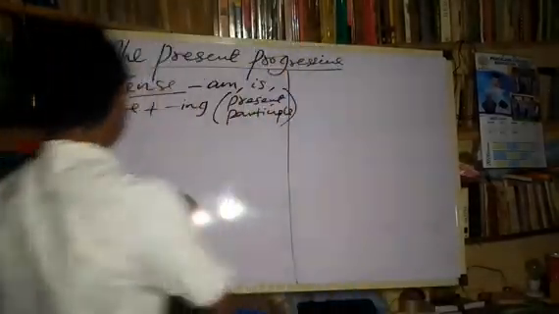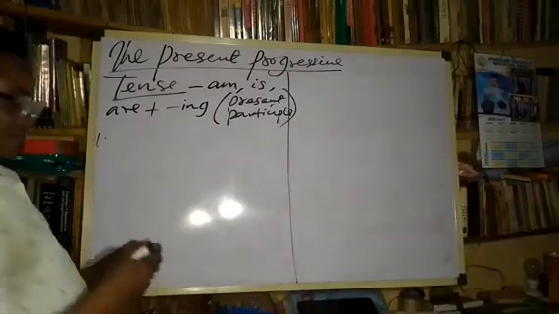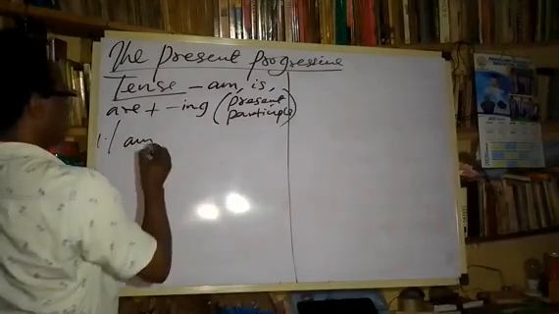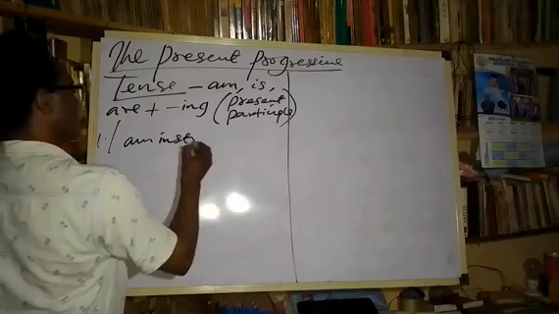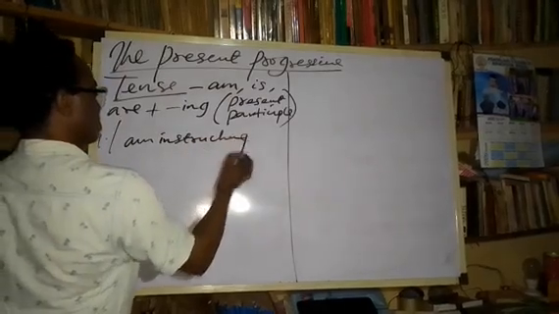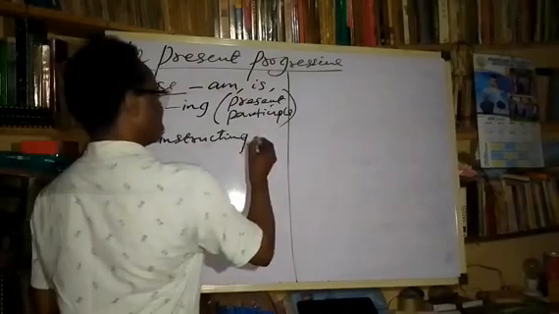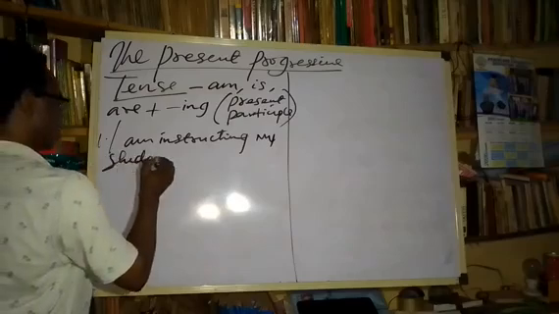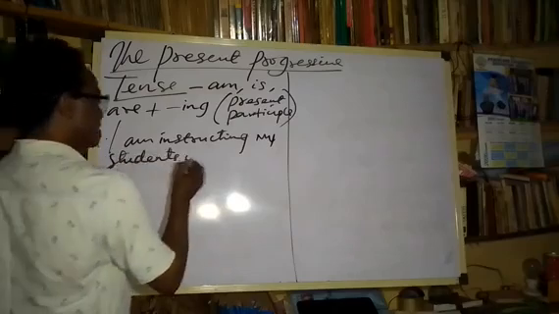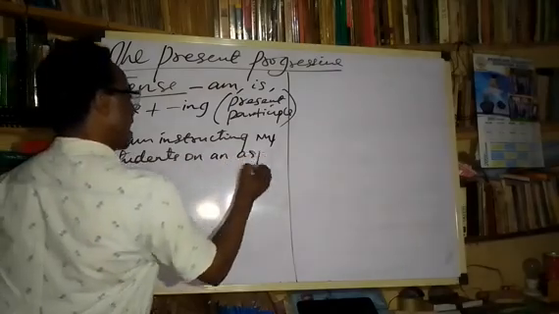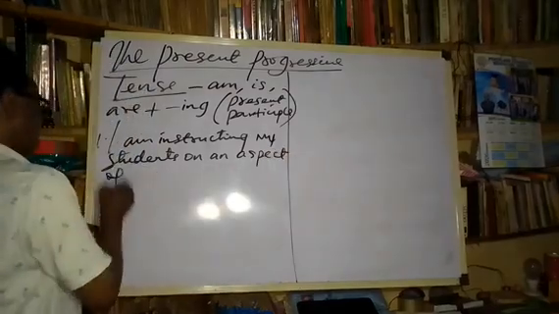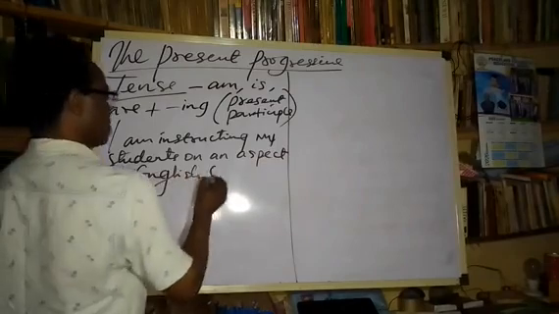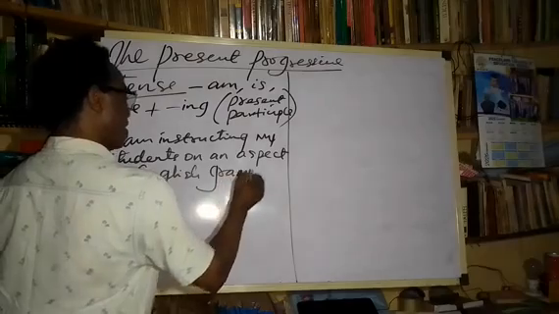Let us take an example. Number 1. I am instructing my students on an aspect of English grammar.